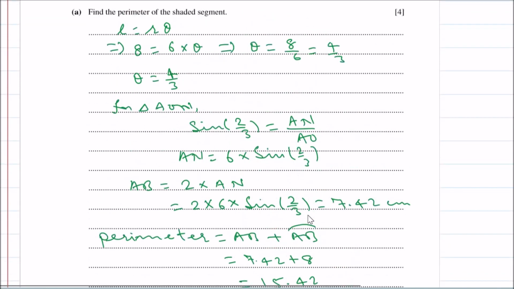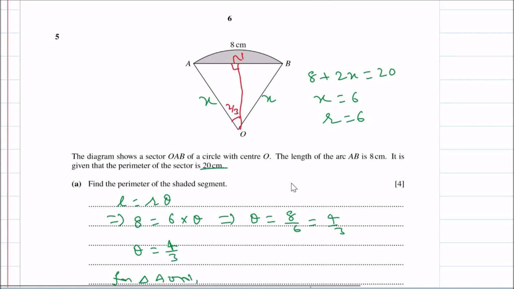The next part says find the area of the shaded segment. To find the area of the shaded segment, what we need to do? Try to understand on the diagram. We can find the area of the sector, which means we get the whole area.